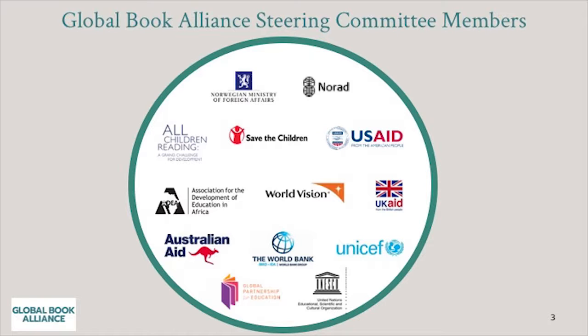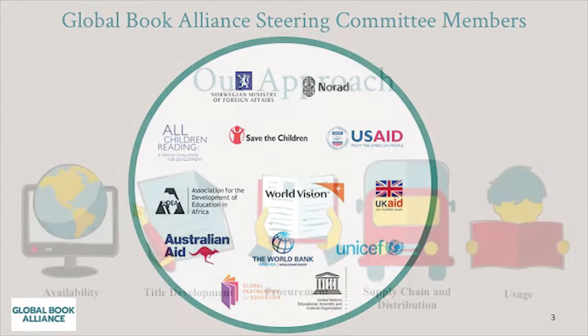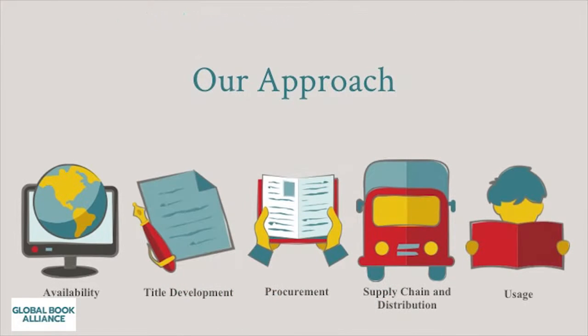The partnership includes an even broader array of actors. The Alliance seeks to revolutionize how global and local communities approach the challenge of illiteracy, particularly for early grade learners. So what is our approach to really address this problem?